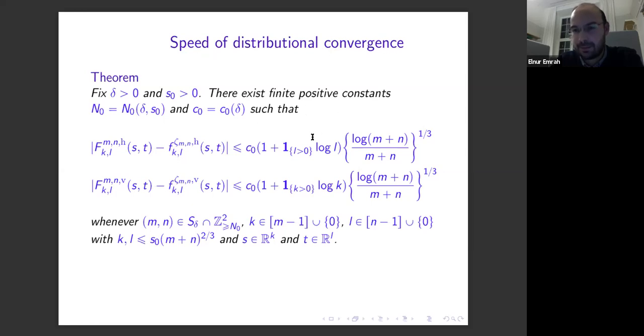Yes, but when K and L are large, then those operations cost too much. I see. It may be possible to also get the sharper bound for the CDFs, but using a bit more than what we are using currently.